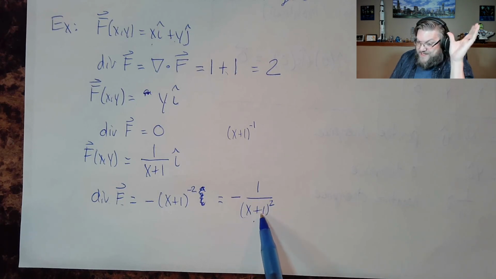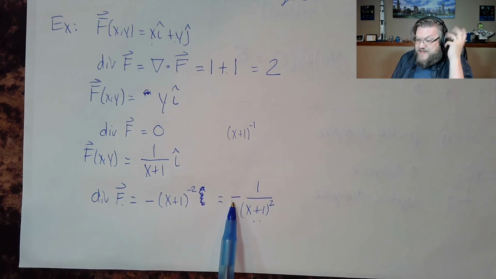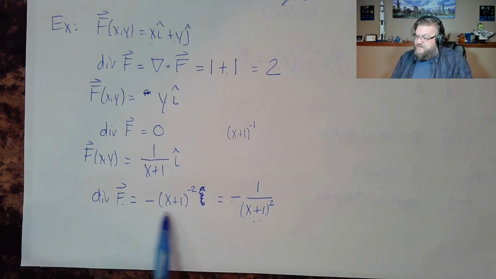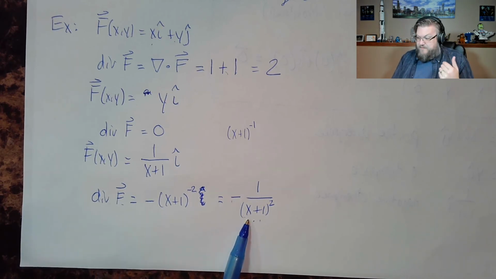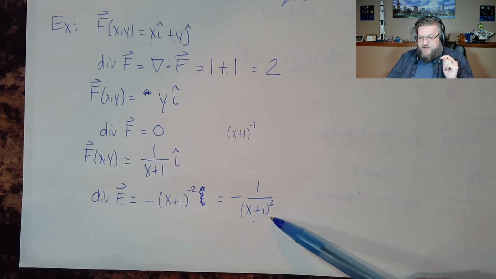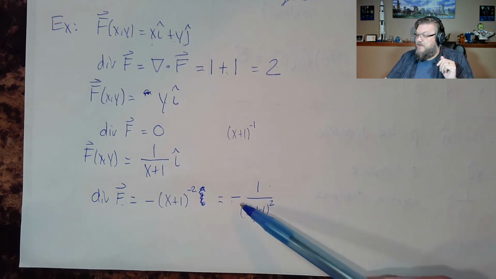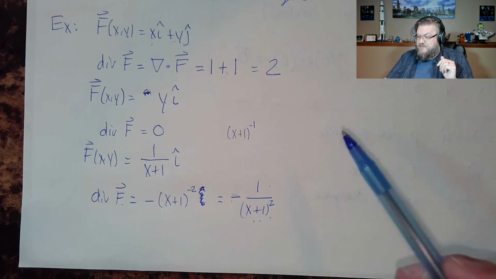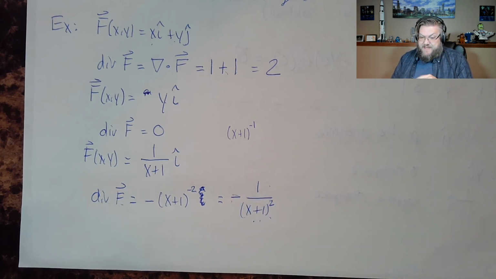So as I get closer and closer to that, I get more and more negative divergence. So this divergence is not constant. The divergence is a function of the x value. But with that being said, notice that at all times, it's always negative because it's 1 divided by something squared, then the negative of that. So I can tell that this is going to be a negative divergence.